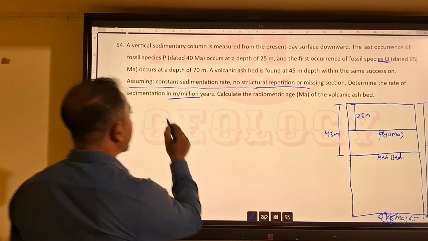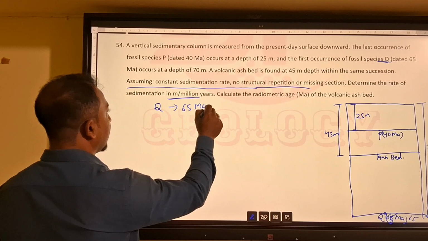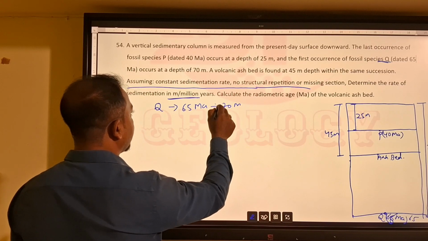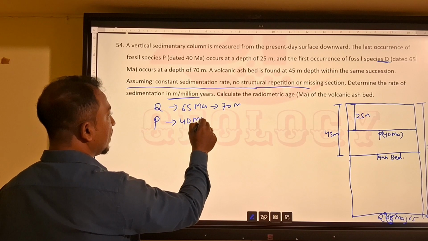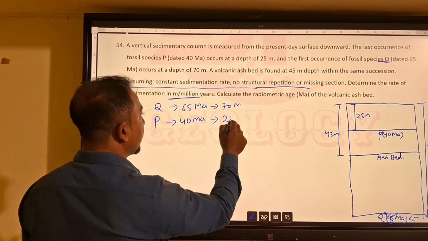Q has an age of 65 million years, present at a depth of 70 meter. P has an age of 40 million years, present at a depth of 25 meter.